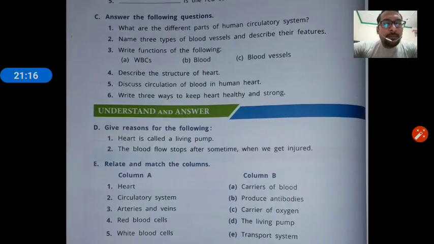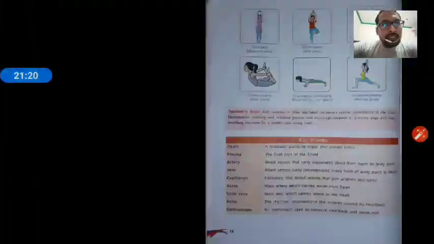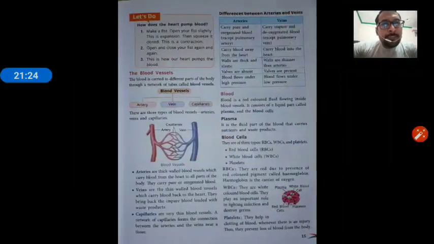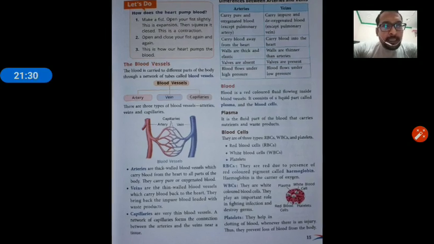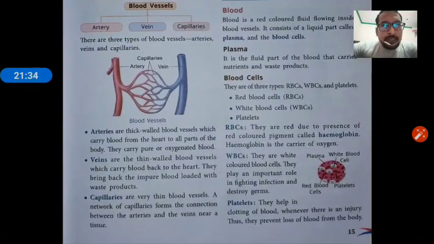Then you have C part, blood vessels. So let's find out what is the function of these blood vessels. You can tell arteries function is to carry pure oxygenated blood to all parts of the body.